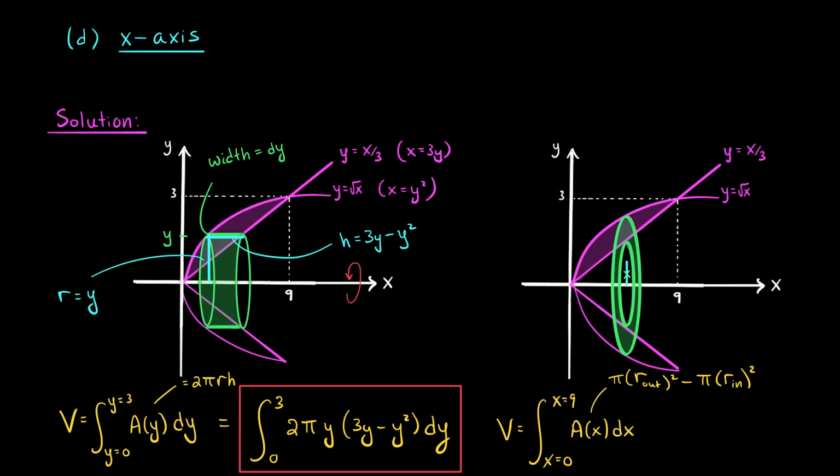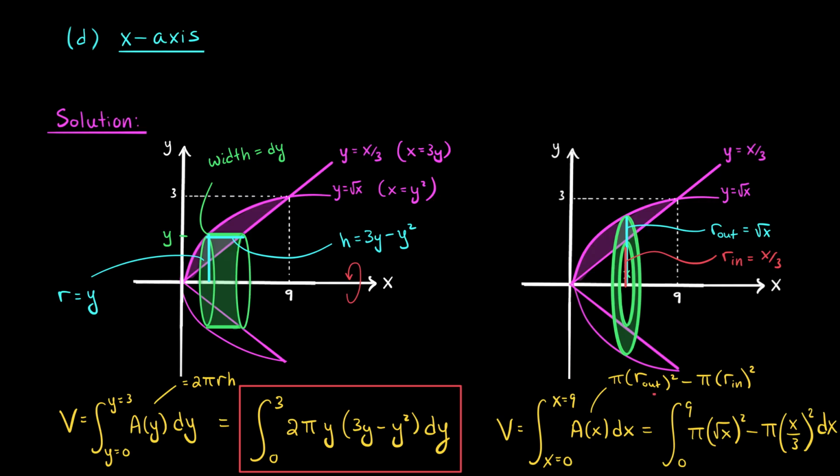From our picture, the outer radius of the washer is root x, it's given by the root function there, and the inner radius is given by x over 3, it's given by the line. So there you have it, folks. This would be our volume integral if we set it up using washers. Much quicker, right? Because we didn't have to worry about expressing things in terms of y.